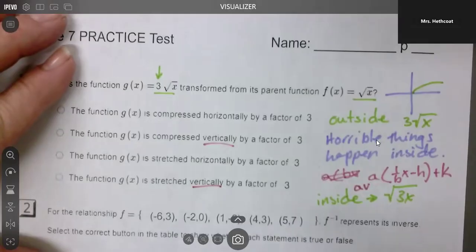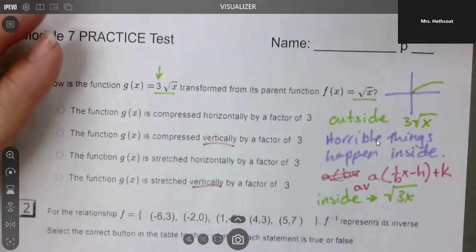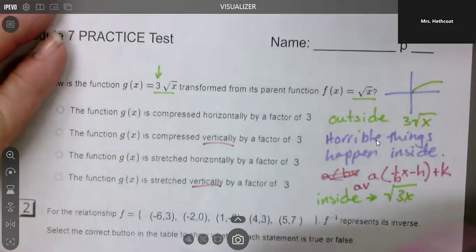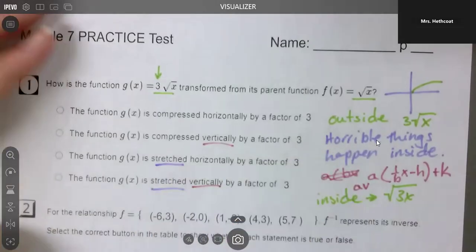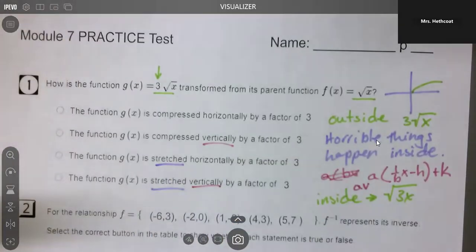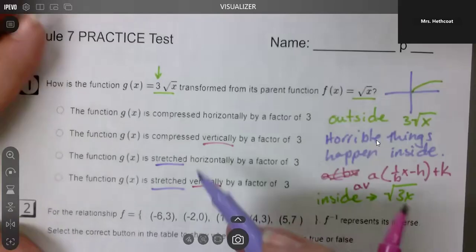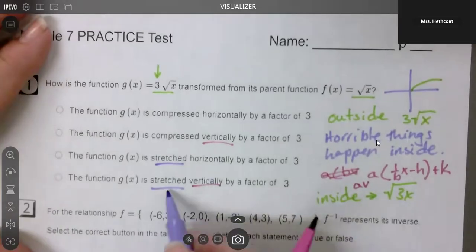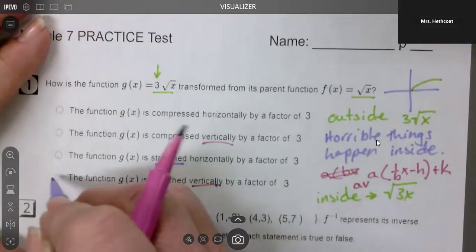But we are not horrible and inside, we are outside, so we would get what we expect, so it's going to be one of the stretched, right? So a whole number, a 3 on the outside, is going to stretch the graph, make it bigger, and so the one that has both stretched and vertical would be the bottom one.